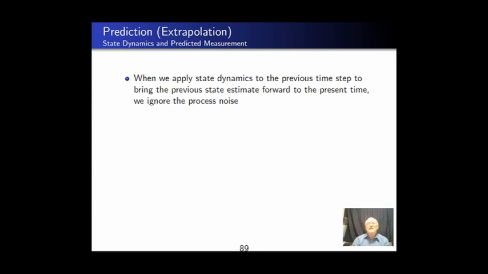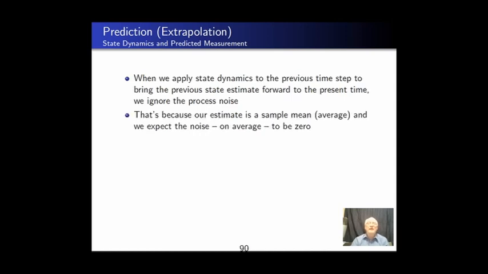When we apply the state dynamics to the previous time step to bring the previous state estimate forward to the present time, we ignore the process noise. And that's because our estimate from the previous time is a sample mean. It's an average, and we expect the noise on average to be 0. We talked about this in the resistor problem.